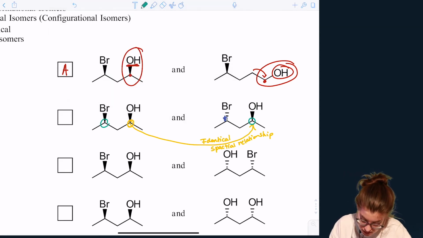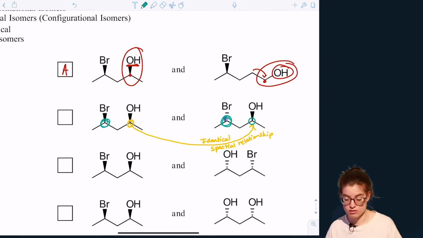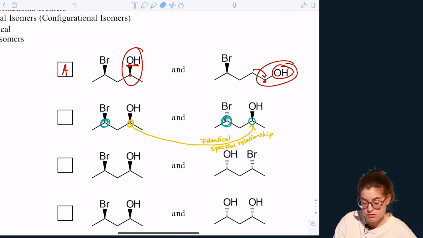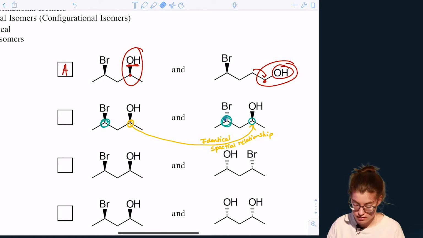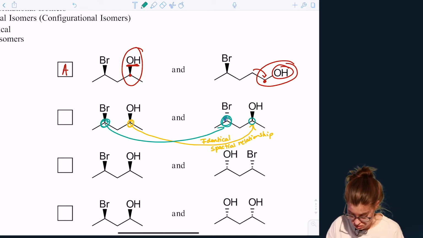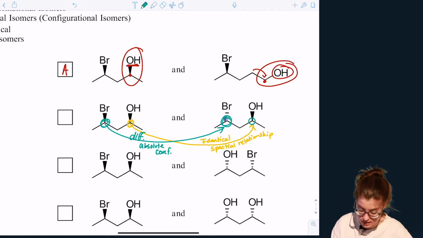Whereas this chiral carbon and this chiral carbon, they have switched absolute configuration. So for example, maybe this first one is R, maybe the second one is S. I don't know, but I know that they are different just because we have a mirror image relationship here. So I'll say different absolute configuration.